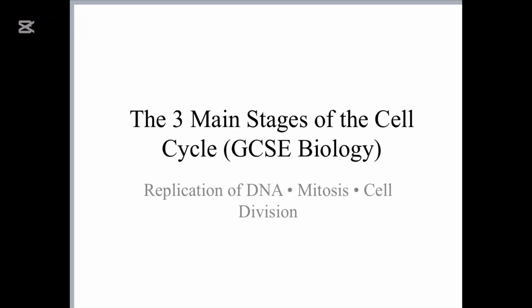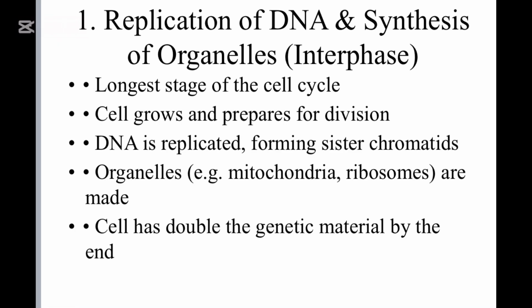Now, let's go to the major details for today. Cell cycle. One thing you should notice is that the cell cycle involves 3 main stages, which include replication of DNA, mitosis, and cell division. Let's start with the first one, replication of DNA and synthesis of organelles, which can also be referred to as what? The interphase.